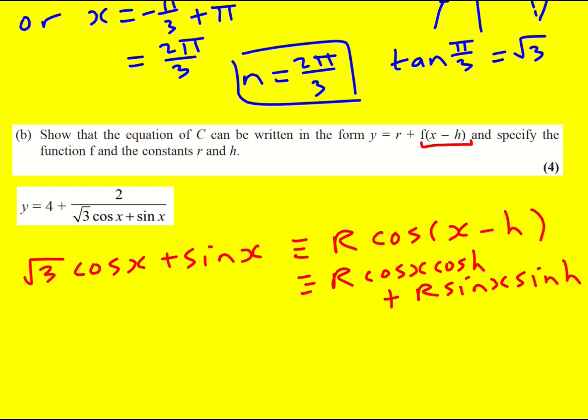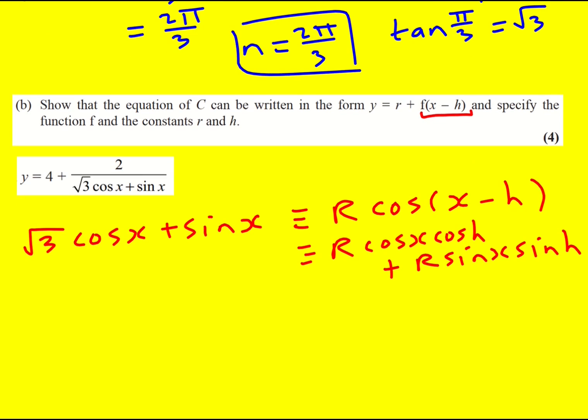If I tried to go with sine, then it would be sine of x plus h to work, and you can see that they want it as x minus h. Now I can compare coefficients. I've got a cos x and I've got a cos x. So it must be that root 3 is equal to r cos h.